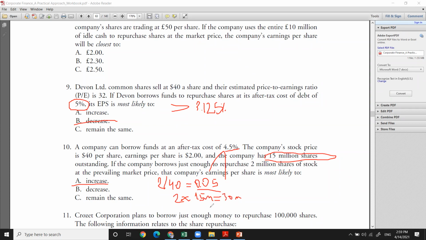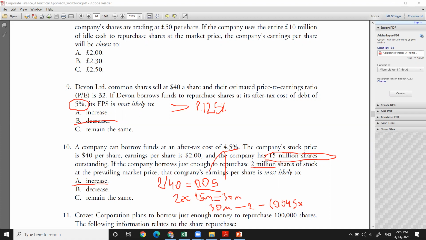And then subtracted by 4.5% times 2 million. 0.045 times... 40 times 15.